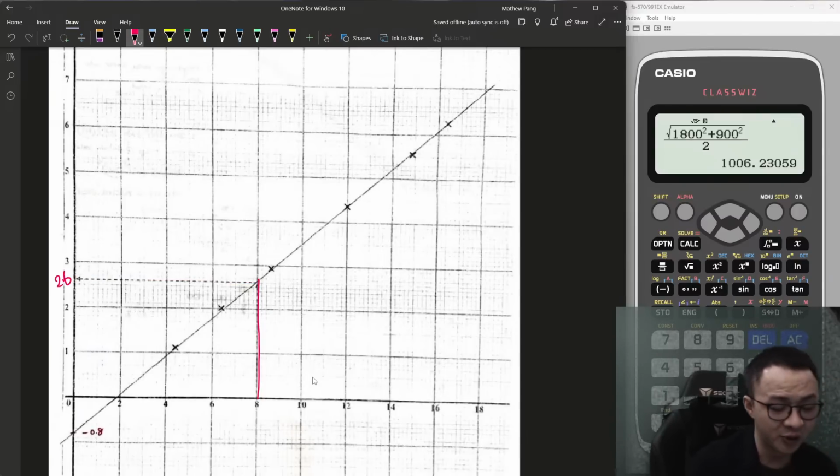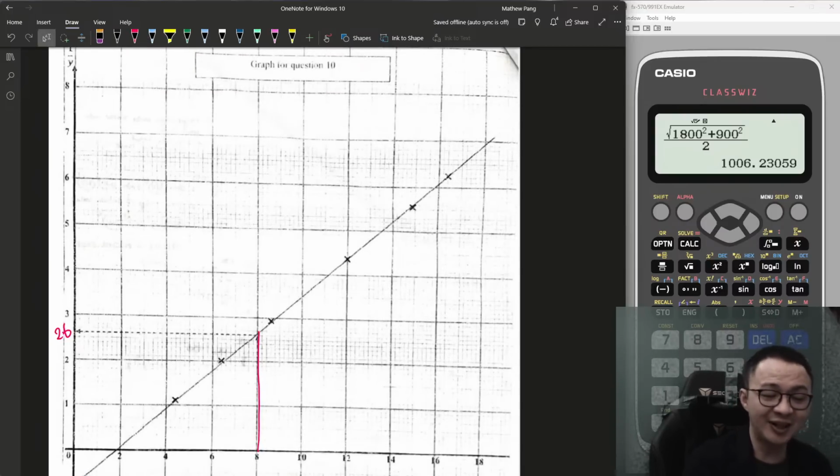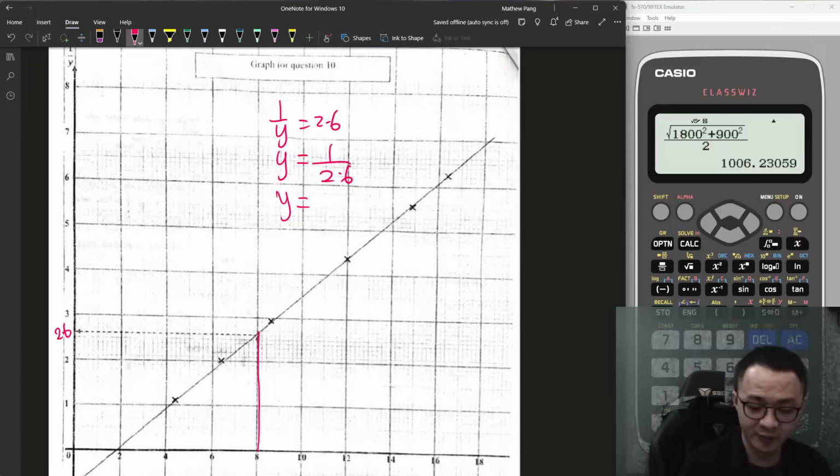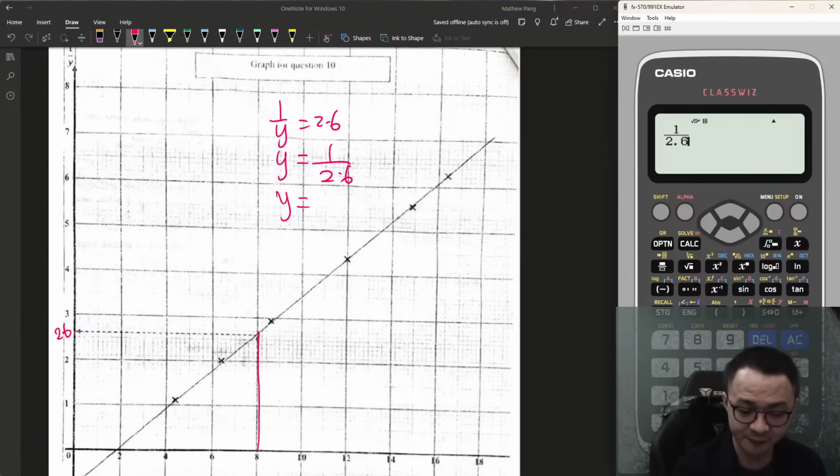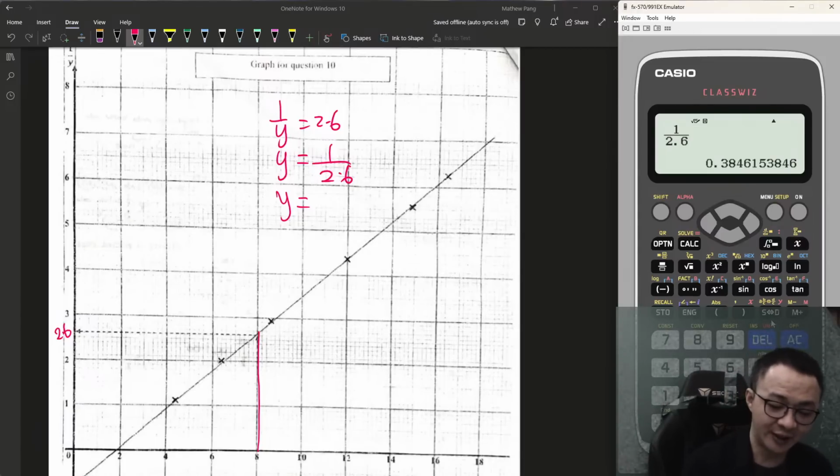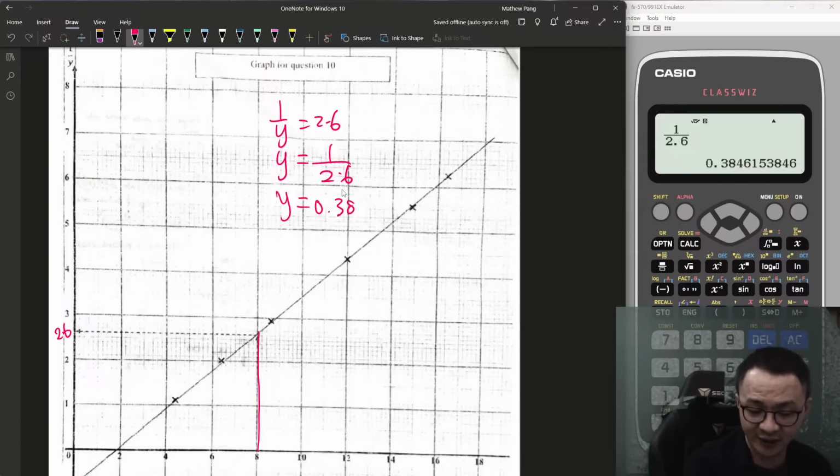But remember, you don't write y as 2.6 because this is 1 over y, right? So 1 over y equals 2.6, then your y should be 1 over 2.6. You must be extremely careful. You can write a fraction, or if you want to write decimal also can: 0.385.